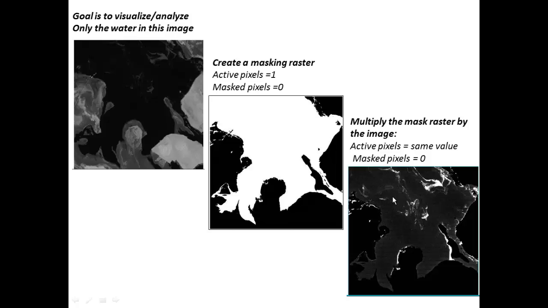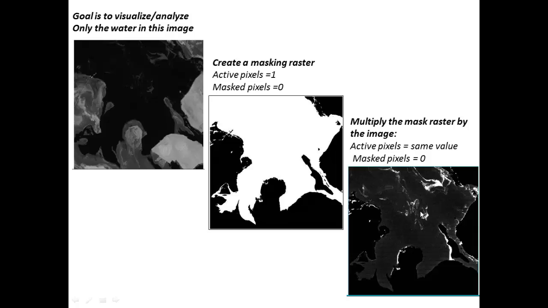Places where the mask had a value of 1 were left with the original raster values from the original image. Places where the mask raster had values of 0, the new raster also has values of 0, because 0 times anything is still 0. So in effect, we've now set all of the land areas equal to 0, and we've left the values at their original level for the water.